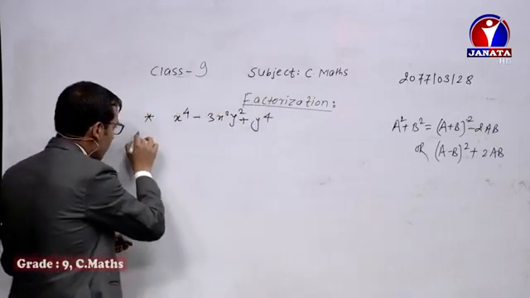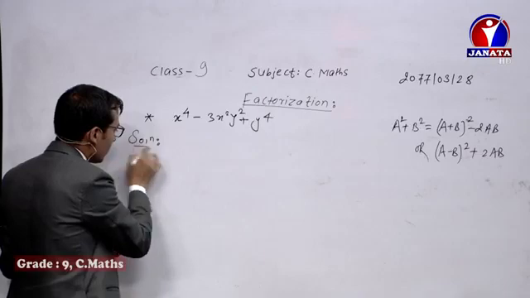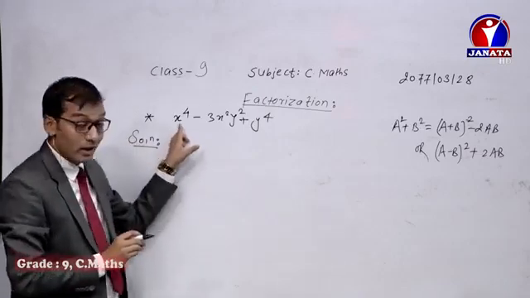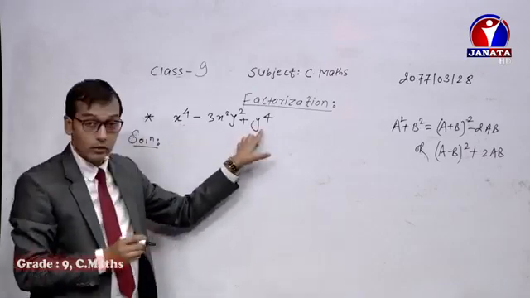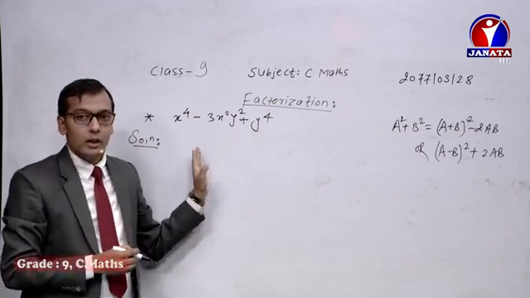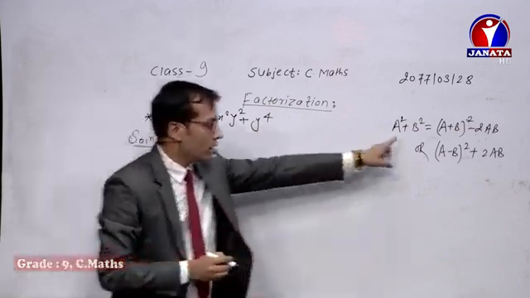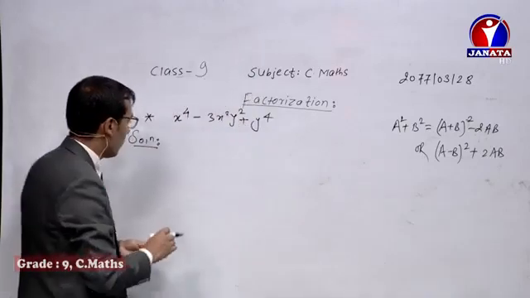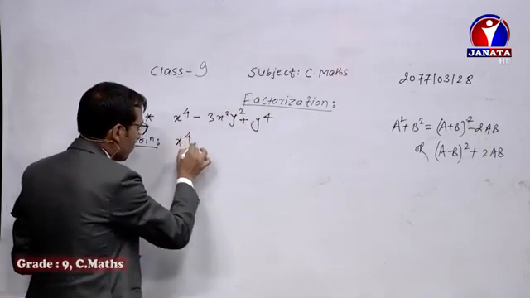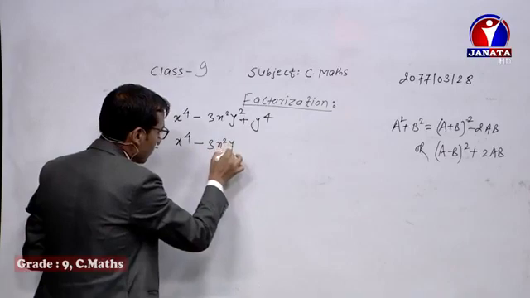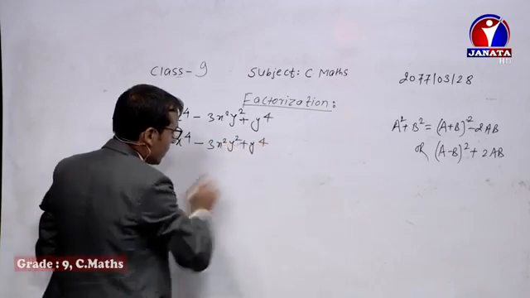For this, first of all, we need to arrange the terms. We put first and third term together, and then we try to convert into again a square plus b square form. So x to the power 4 minus 3 times x square y square plus y to the power 4.